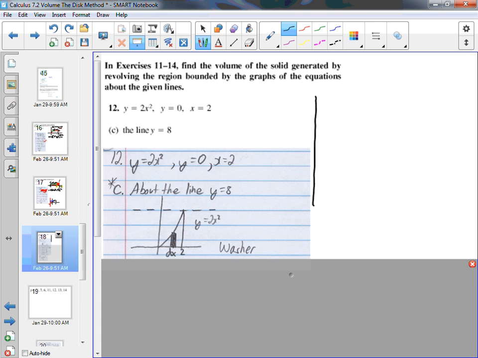So, here's what I do. y equals 2x squared looks like this. y equals 0 is the x-axis. x equals 2 is a vertical line. The line y equals 8. Now, I got to do some figuring here because is it up here? Is it through here? Is it down here? Right? I need to know, don't I? It makes a difference. It makes a big difference.